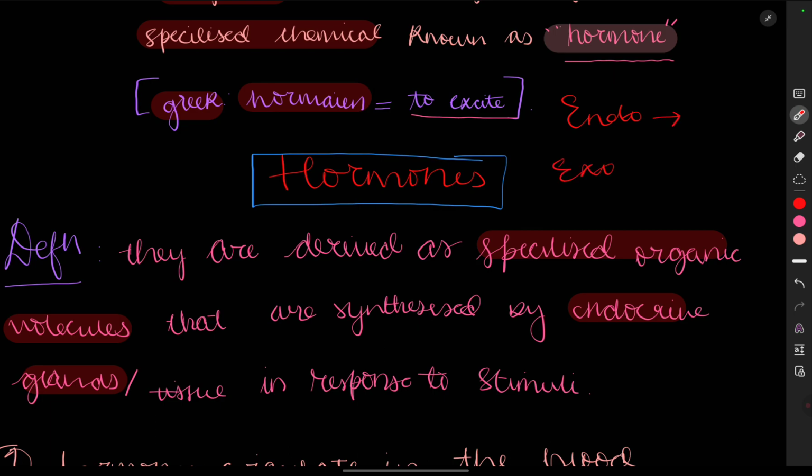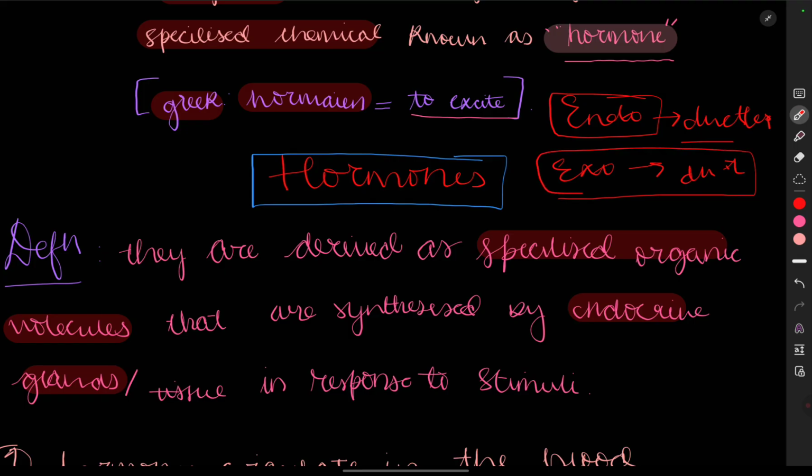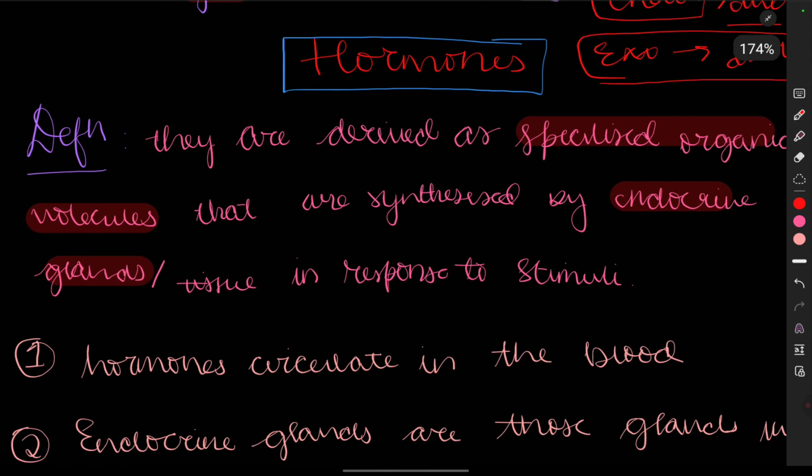Endocrine glands are also called ductless glands, and exocrine glands are the duct glands. So the secretion of the endocrine glands is directly released into the bloodstream, and exocrine secretion is released through the ducts.